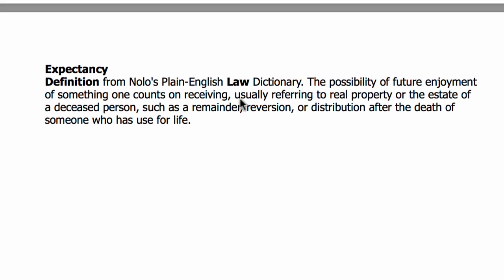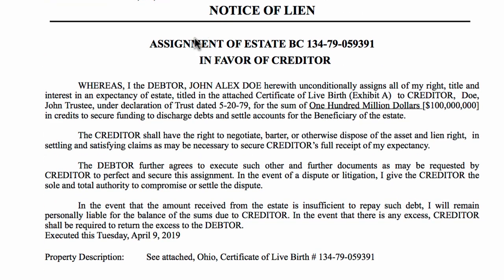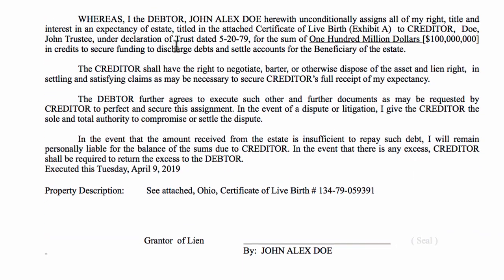Here's something. Check this out, the definition of expectancy. The possibility of a future enjoyment of something one counts on receiving. So basically that's an asset. Expectancy is an asset. So it's the nature of why we file these liens. Look, assignment of estate in favor of the creditor. So you could use all of these different things.